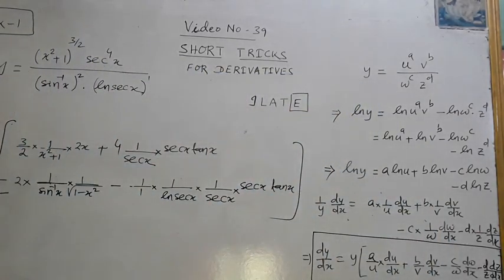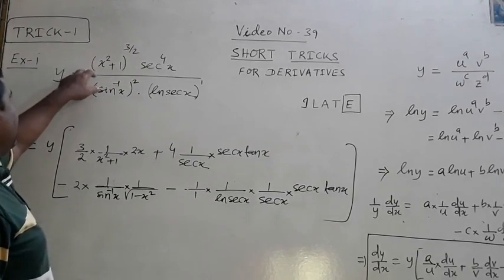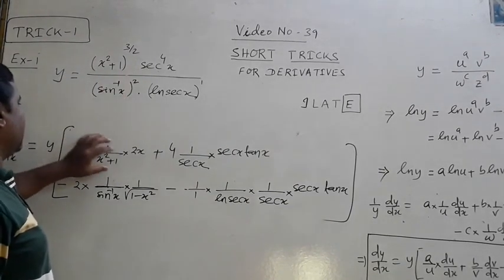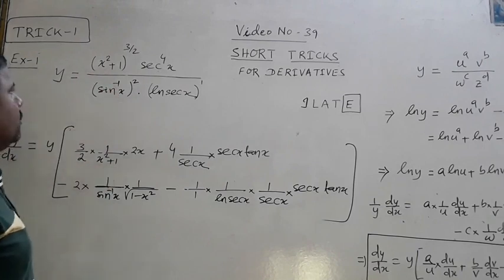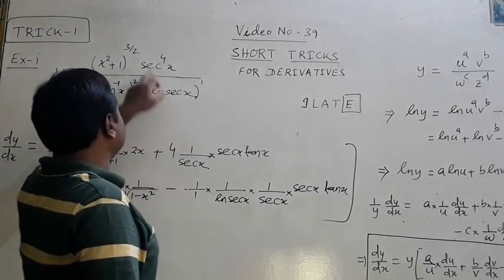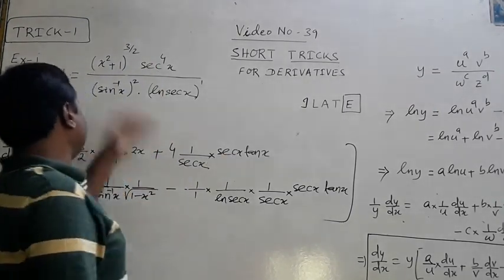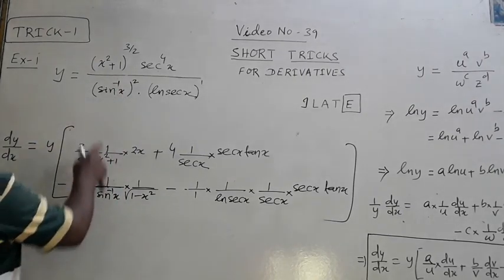Similarly, I am doing this. 3 by 2 into 1 by x square plus 1, into the derivative of x square plus 1, which is 2x. Similarly, here 4 by sec x into the derivative of sec x. For the denominator, it is minus 2 by sin inverse into the derivative of sin inverse.